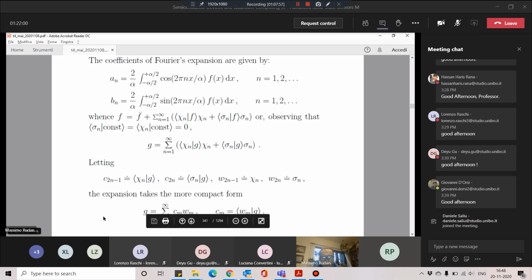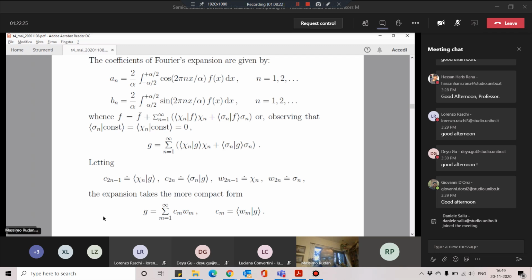It is a sum of coefficients, and each coefficient multiplies a function W. And moreover, each coefficient is the scalar product of Wm times G, the original function.